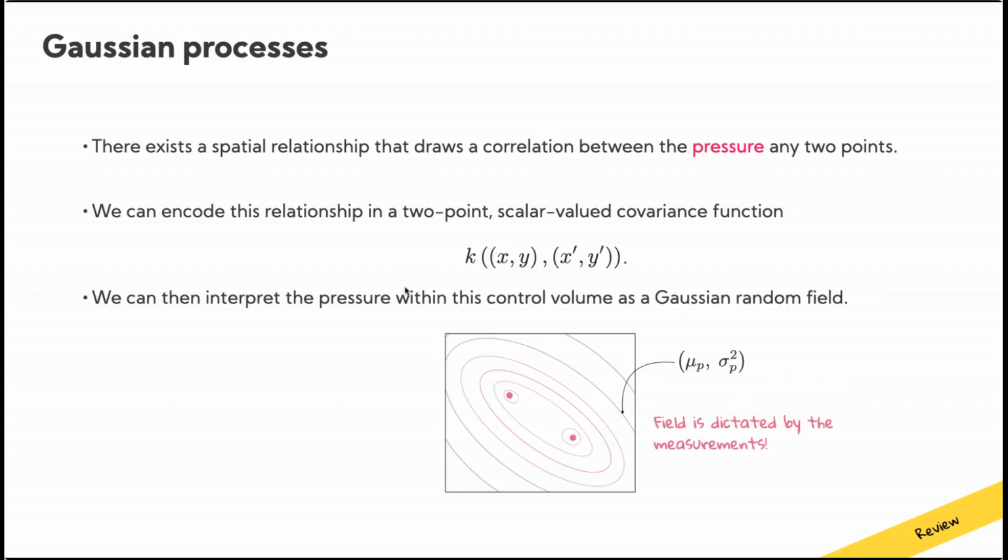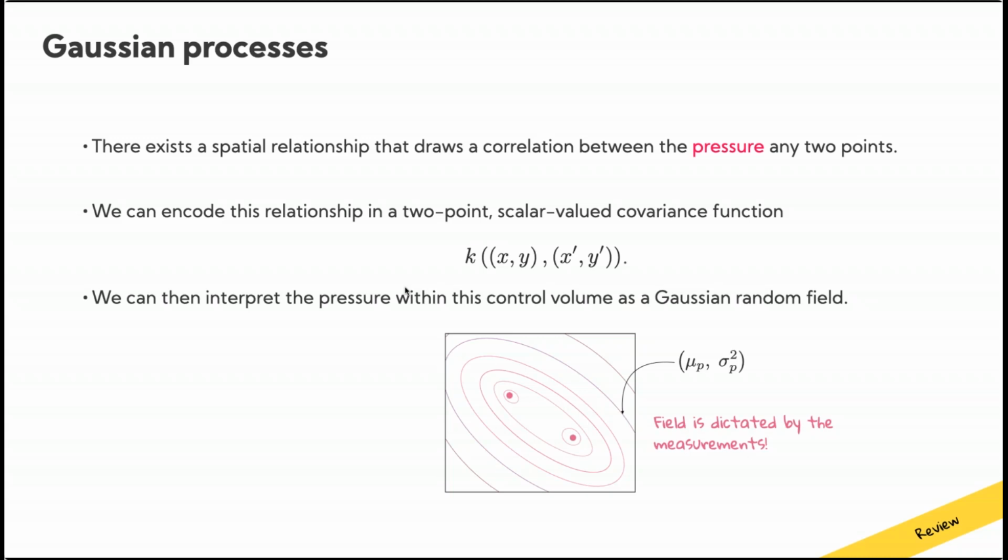So just to summarize, we can interpret the pressure within this control volume as effectively a Gaussian random field. Now, what that effectively means is that if you probe the pressure at any point in this control volume, so not just where you have the measurements, but more importantly, where you do not have the measurements, we're basically making the statement that the pressure at any point is given by a Gaussian distribution, i.e. it has a certain mean and it has a certain variance, right?